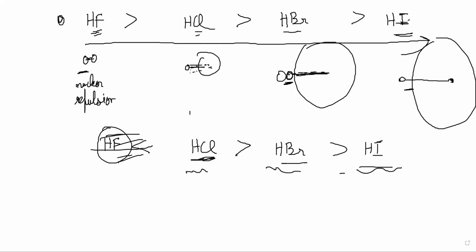However, in this comparison, with CH4, NH3, H2O, and HF, the bond strengths are fairly similar and electronegativity is varying, increasing as you go right. So the strength of the acid is increasing.